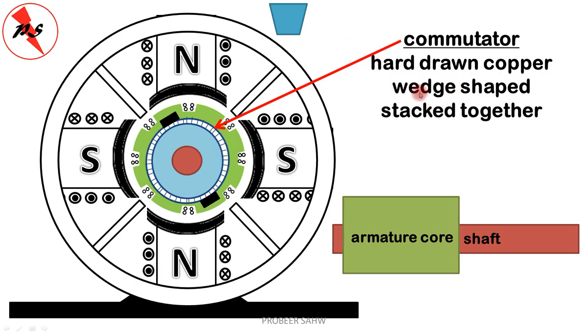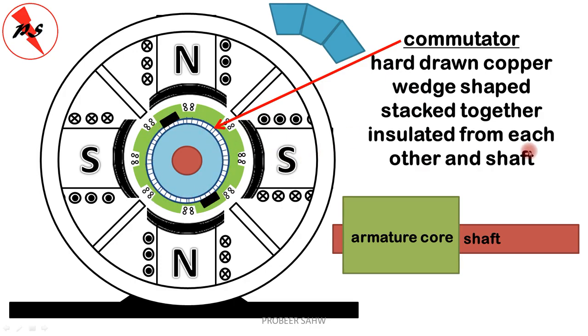We stack together a number of wedge shaped pieces to complete this commutator structure, and each wedge shaped structure is insulated from each other as well as from the shaft.